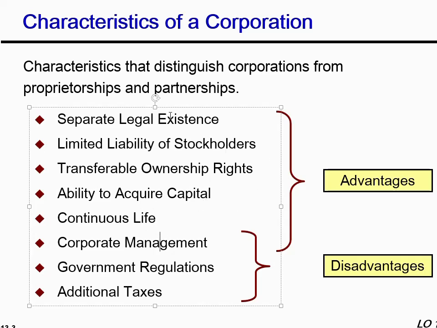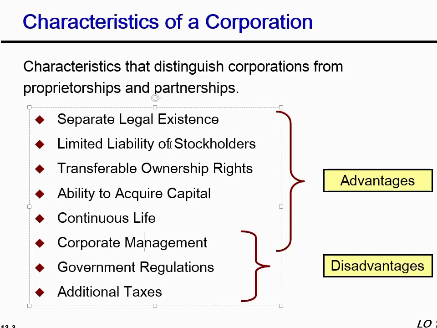They are characteristics as well as advantages of the corporation. Whereas corporate management is sometimes an advantage and sometimes a disadvantage, and government regulations and additional taxes are classified as disadvantages.